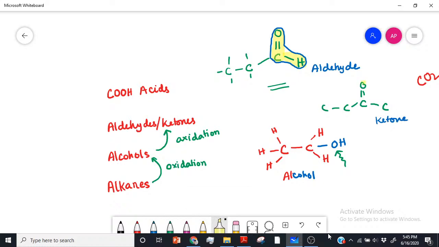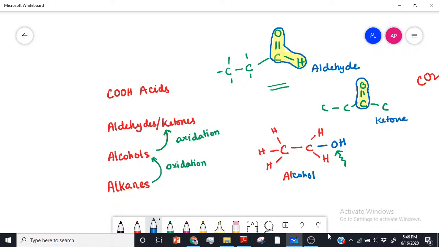This is a ketone group. Got it? Since in both aldehyde and ketone, oxygen is bonded by a double bond to one carbon, they fall in the same category of oxidation and reduction, right? And hence I have written aldehydes slash ketones.